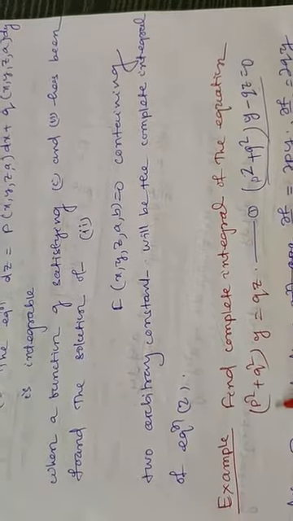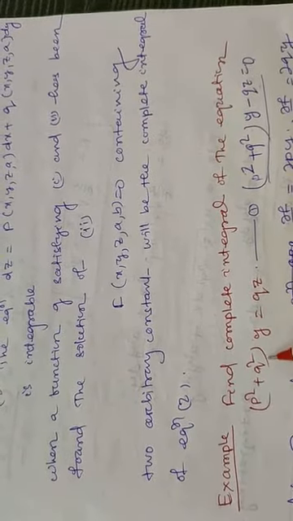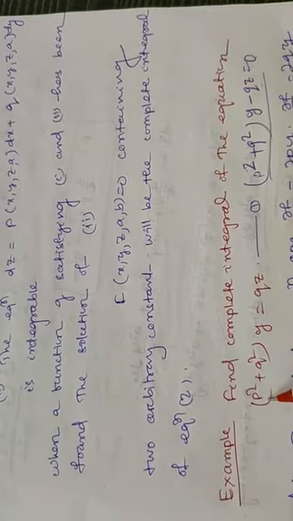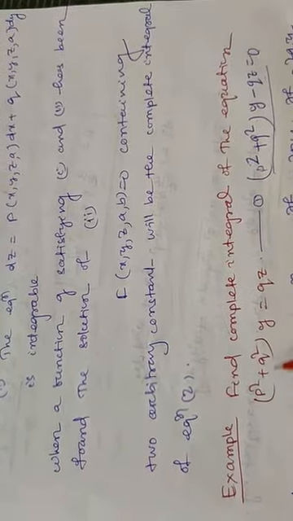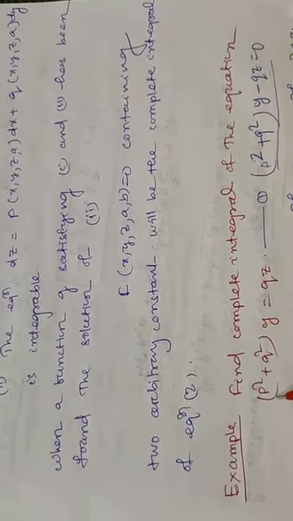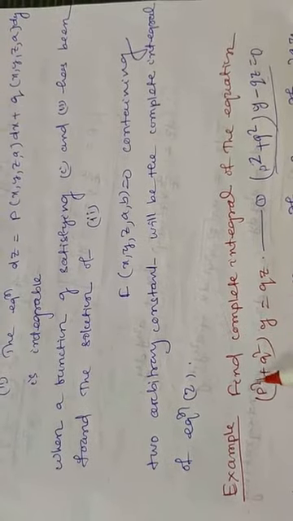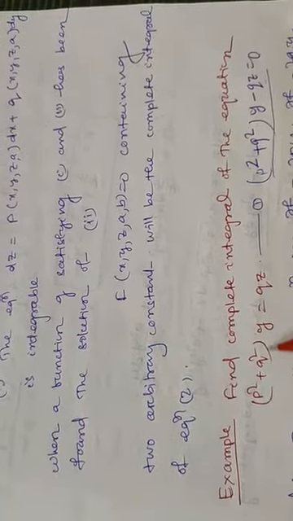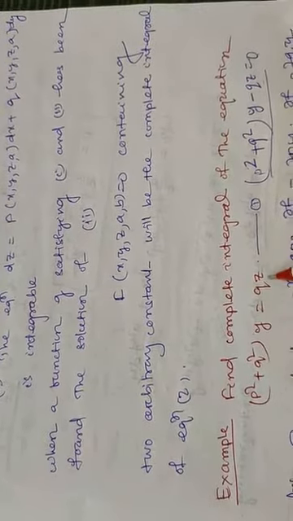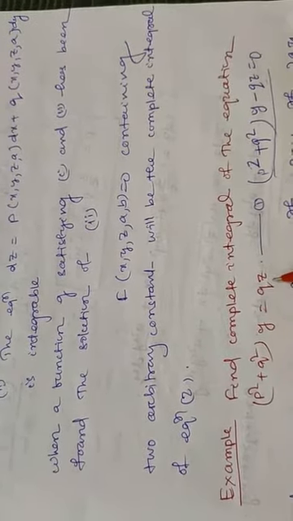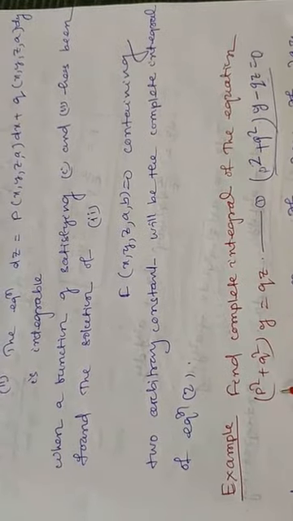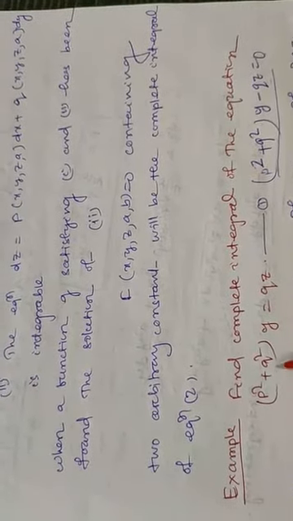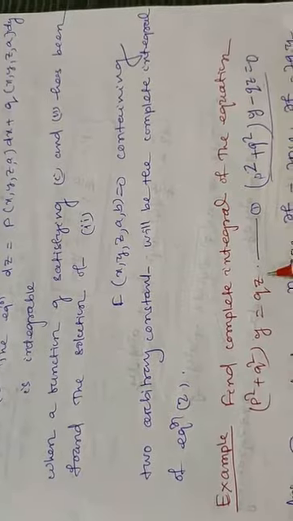Now look at this function, p square plus q square. They are first order partial derivatives but are not linear because there are product terms present here, p dot p, q dot q. So we cannot say that it is linear. So it is nonlinear but of order 1 because first order partial derivatives are present here.